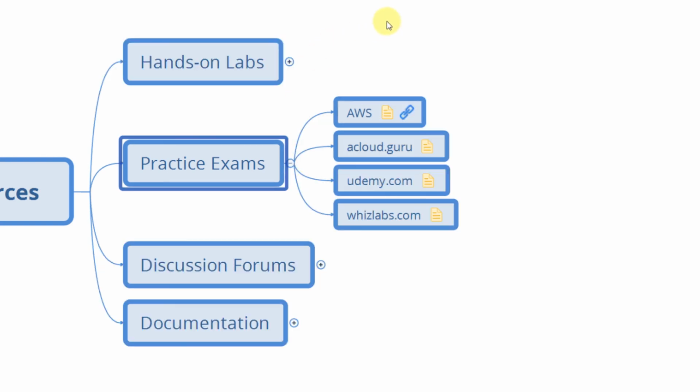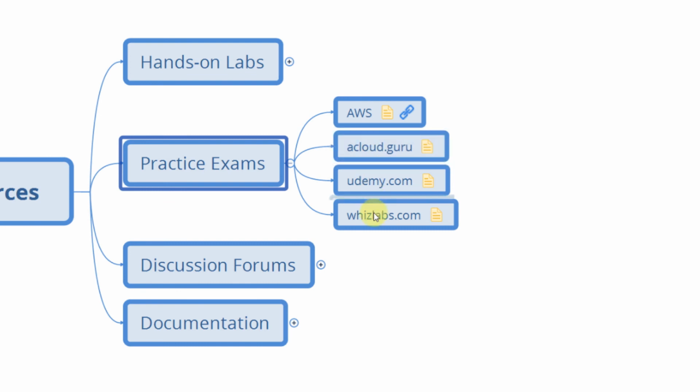Now, practice exams, these are just a few that I'm aware of. I'm sure there's a lot more places where you can find practice exams. AWS has its own training program. It costs a lot of money, but it's from the source. A Cloud Guru has a lot of courses, which include practice exams and quizzes.